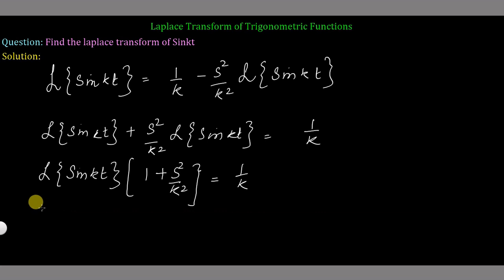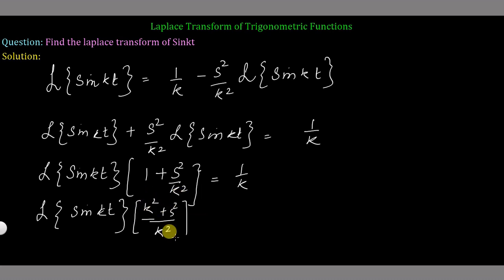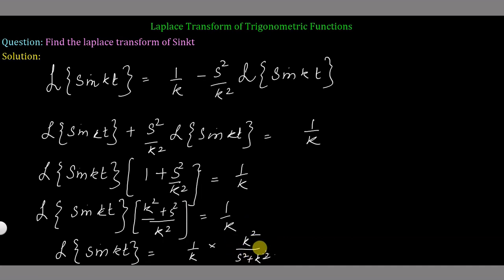Equal to 1 over k. By taking an LCM, Laplace of sine kt times k square plus s square over k square equals 1 over k. Then finally the Laplace transform of sine kt will be 1 over k multiplied by k square over s square plus k square.